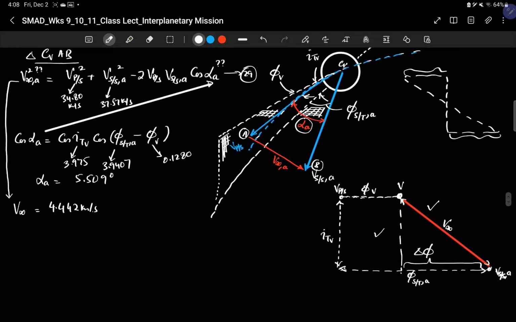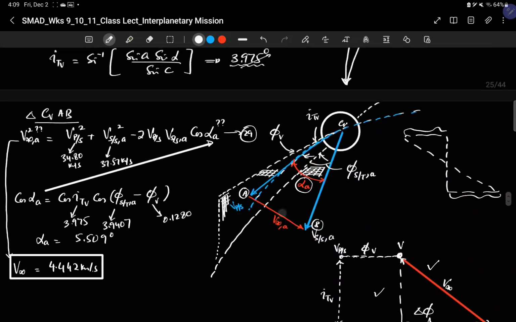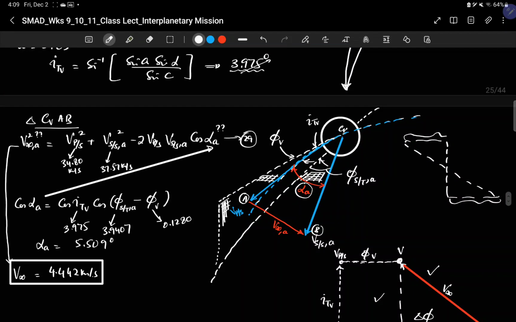So don't get worried about that part. Okay, V infinity is done. We have a very important figure. This is the infinite velocity now available to your spacecraft on its arrival. And we also know the value of alpha A. This is another important angle because it will determine how the spacecraft approaches with respect to the planet's position, because this is a patched conic.